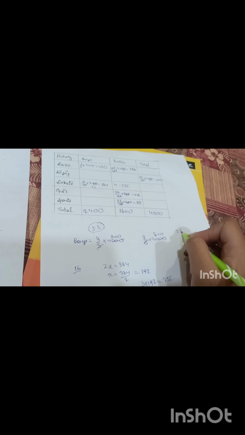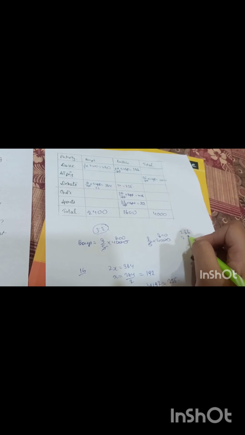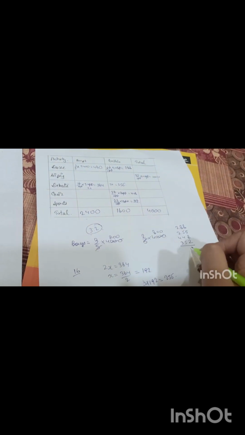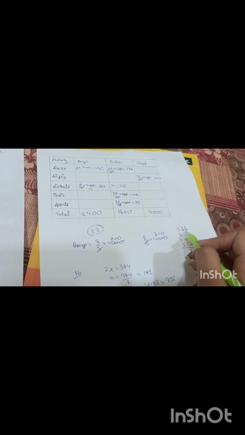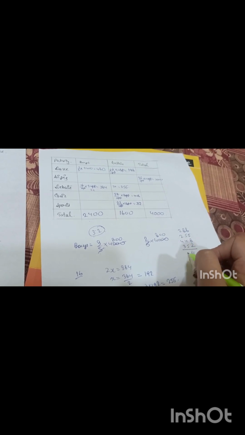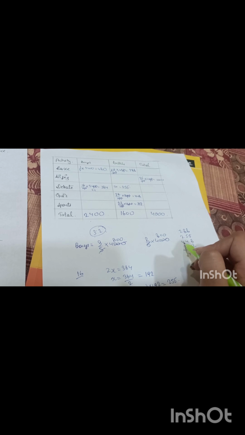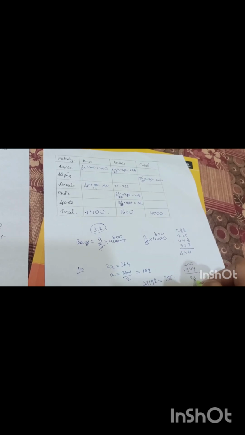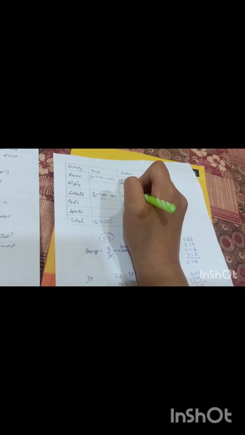So if we find the total, 288, 256, 448, 352, you'll get the value. And if we subtract it from 1600, you will get the value as 256. So 256 is over here.